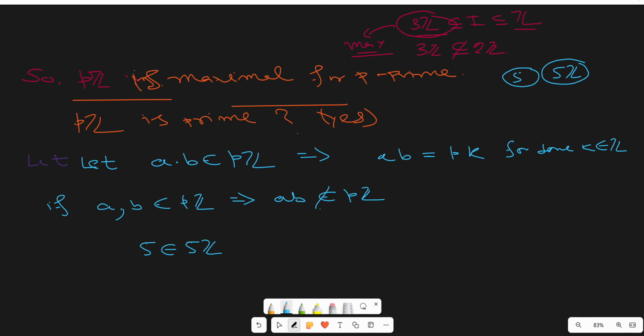Suppose I have taken 5Z. So 5 is an element in 5Z and 10 is an element in 5Z, right? Thus ab is 50. Does this imply that 50 inside 5Z?